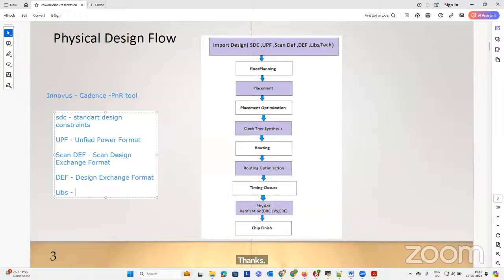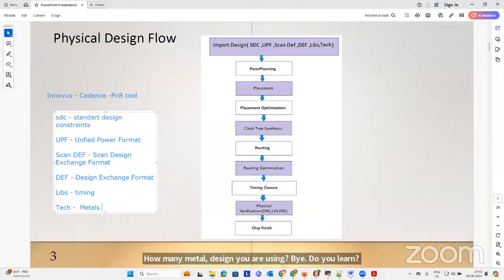Libs are related to timing. Tech files, which are related to metals. How many metal layers the design is using. We will learn step by step. First, we are understanding the input files required for floor plan.